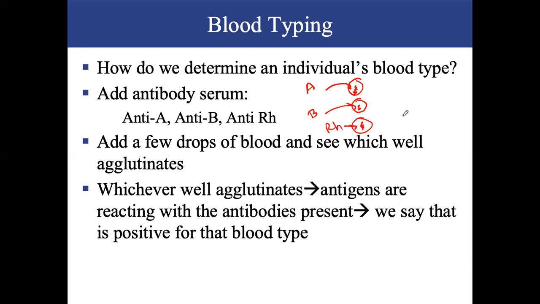And we're going to look for agglutination, right? So if we get agglutination in this well, it's because the antibody A reacted with the antigen A in the red blood cell. And so we say that they have blood type A. Okay, same thing with B and same thing with Rh. Whichever well agglutinates, antigens are reacting with the antibodies that are present, so we say it's positive for that blood type.